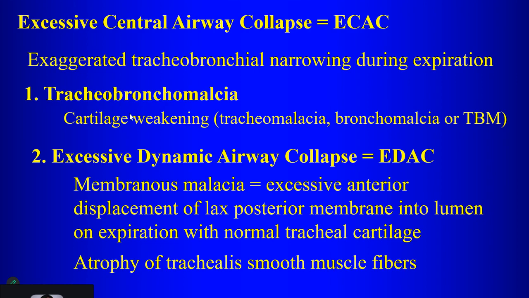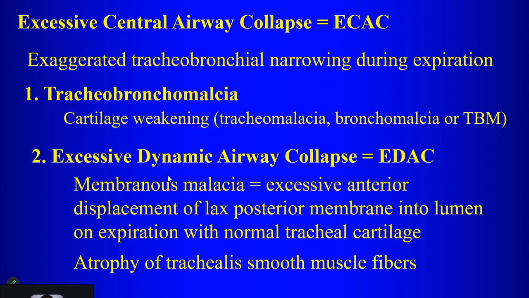Now here's where things get really confusing. This terminology, excessive central airway collapse. This is exaggerated tracheobronchial narrowing during expiration. This can be a manifestation of tracheobronchomalacia from abnormal cartilage, right? Destruction of the cartilage that causes then the trachea to collapse.